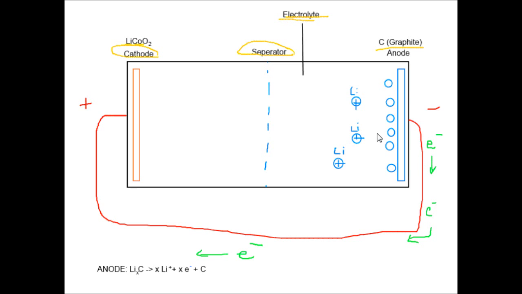During discharging, this equation over here occurs at the anode. So there is going to be lithium over here at the anode, and they will all dissociate into lithium ions as well as electrons, because the lithium will lose its valence electron, and this electron will pass through a wire and go over to the positive terminal.